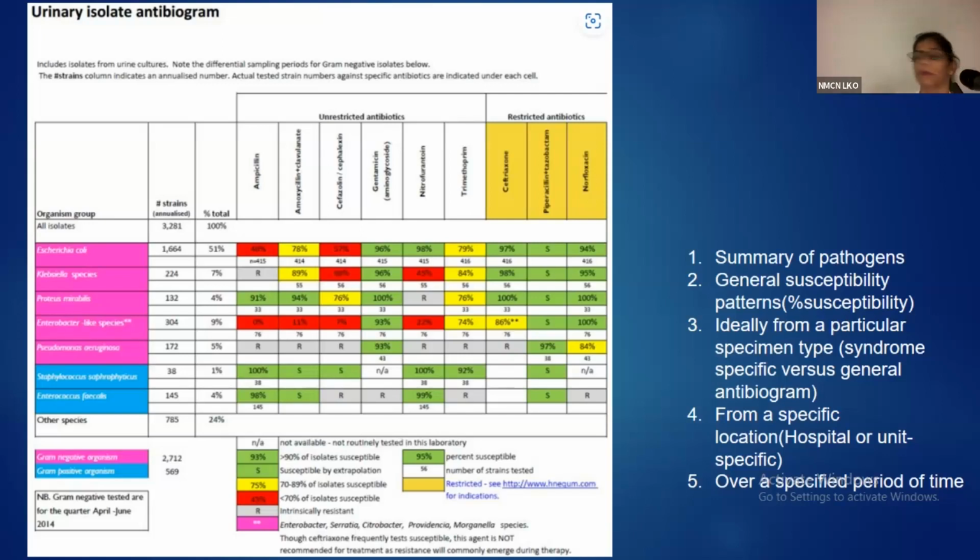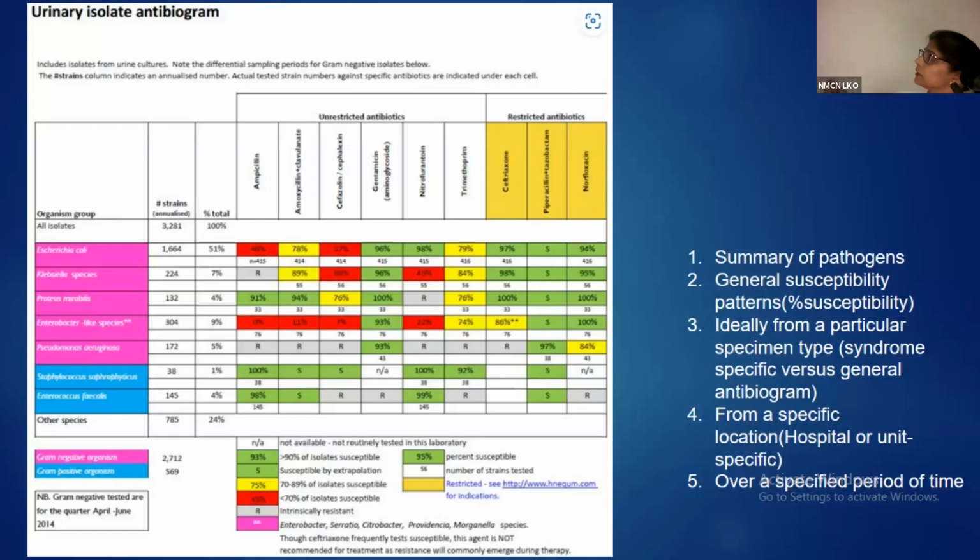The reds show that the susceptibility is less than 70% to that given antibiotic. The greens are the ones for which the susceptibility rates are more than 90%. And the yellow coded rates are for those antibiotics to which 70 to less than 75% of the isolates were susceptible.